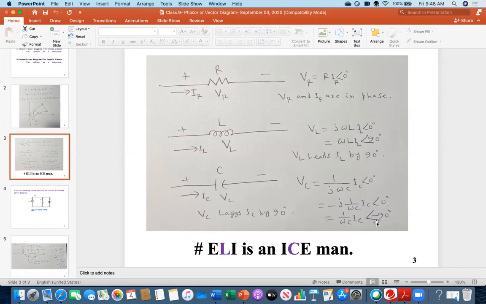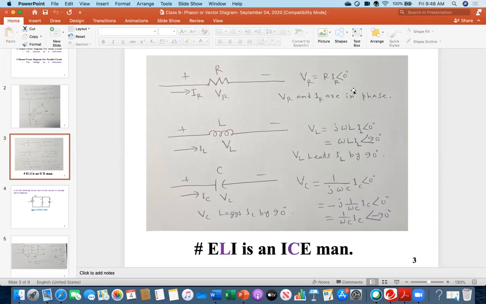So what does that mean? VC has a phase angle of minus 90 degree with respect to current. If this is your reference current, on this line, then minus 90 degree will be clockwise, and that is the voltage. In other words, voltage VC lags IC by 90 degree, or IC leads VC by 90 degree.